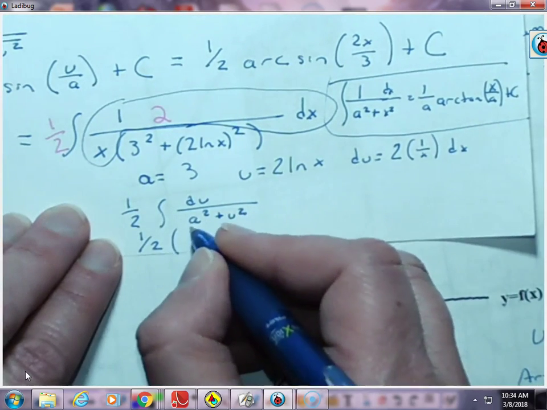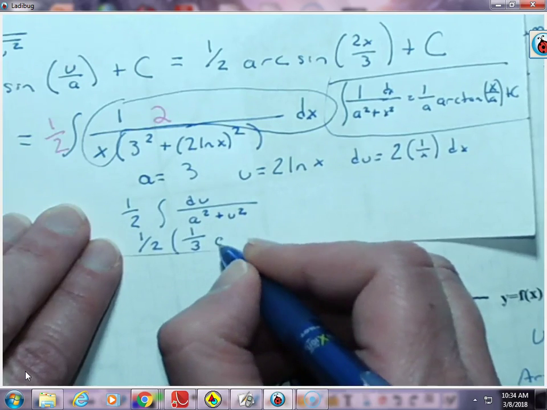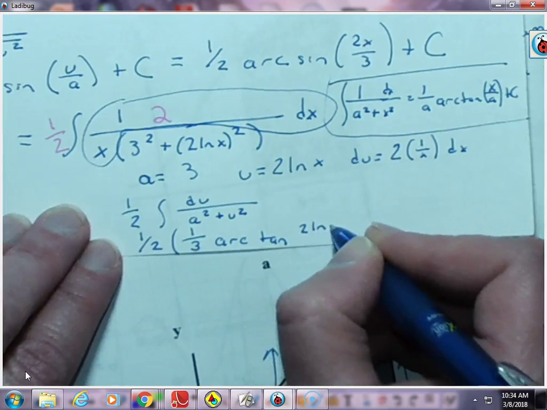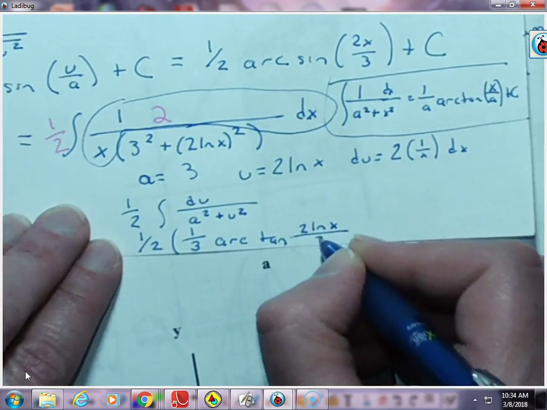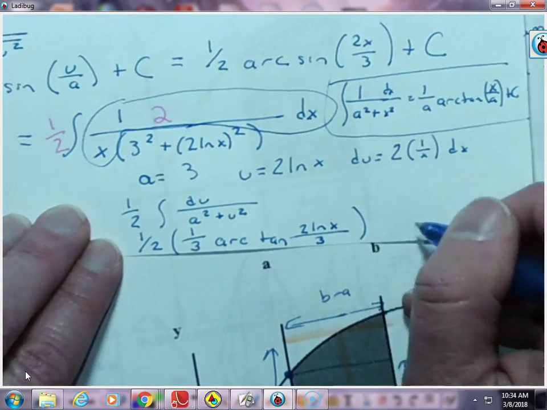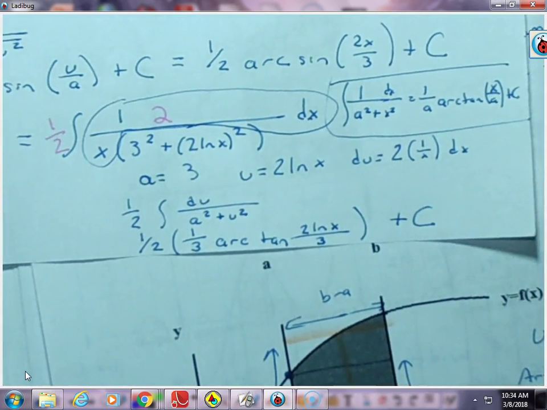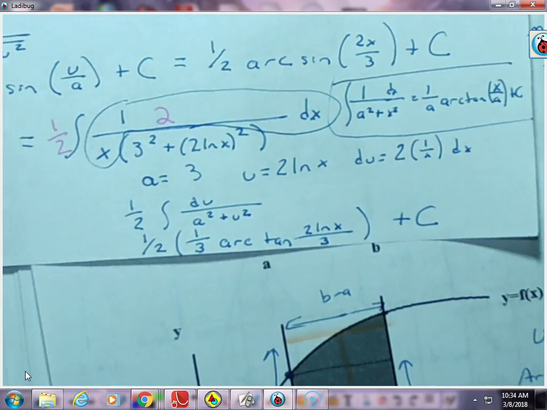Okay, I got approval. So 1 over 3 arctan 2 ln x over 3 plus c. And I feel no desire to multiply through the half. You can make it 1/6 if you want. And that's it. Your homework is to try to do the problems on that sheet.